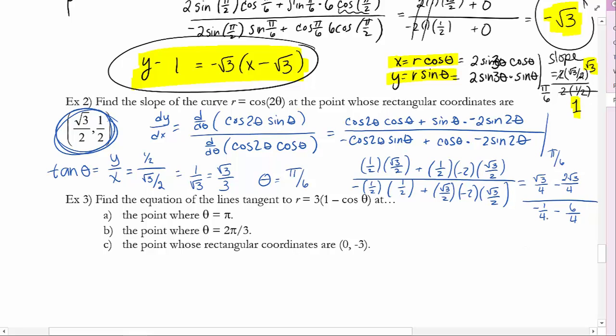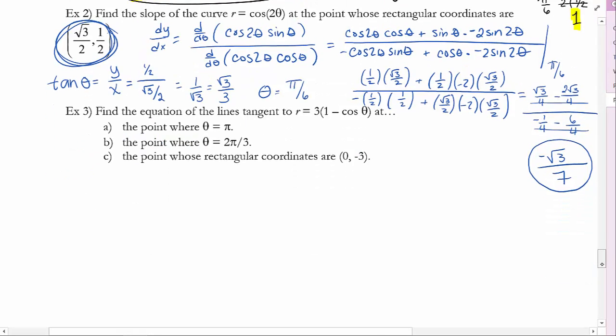I can cancel out all the 4's because they all have the same denominator. So I have negative radical 3 on top, and 7 on the bottom. Negative 1 minus 6. Sure. I'm going to hope that's my slope. Alright.